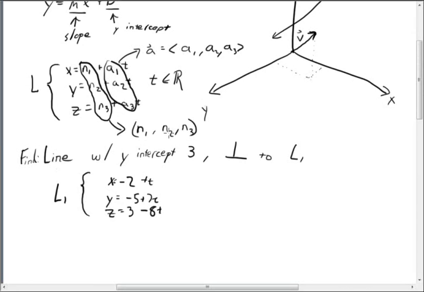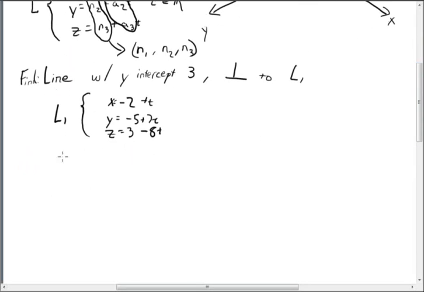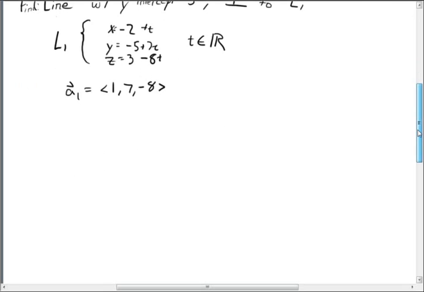Typically, we actually plug in a point here. And then we have the vector here that we can determine if we're given the equation of a line. So we can say that the A vector for line 1 is equal to 1, 7, minus 8. And that's just taking the coefficients of the t terms here. And of course, we shouldn't forget t is an element of the reals.